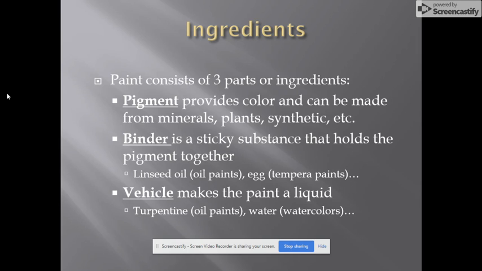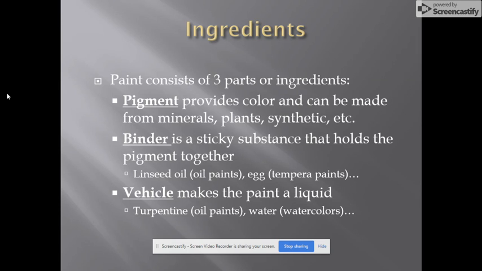And of course, we're in the age of synthetic products as well. The industrial revolution brought us the ability to create pigments of any variety, brightness, any color, etc. So pigment is where our color is going to come from. Oftentimes that's going to be provided in powder form, again, depending on the type of paint.